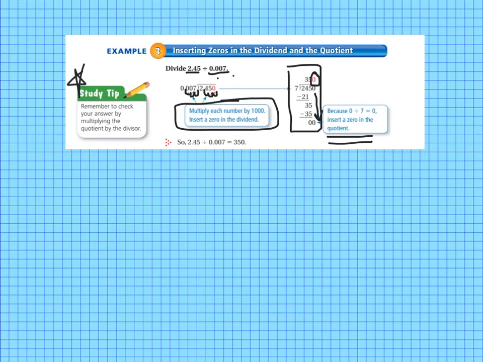And then if you check your work, you will know that you have the right answer. If you check your work and you have 35 times 7, you will end up with the wrong answer. You will end up with something that is not 2,450. So be sure you're checking your work.